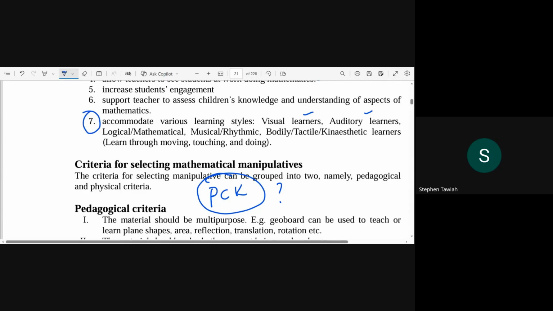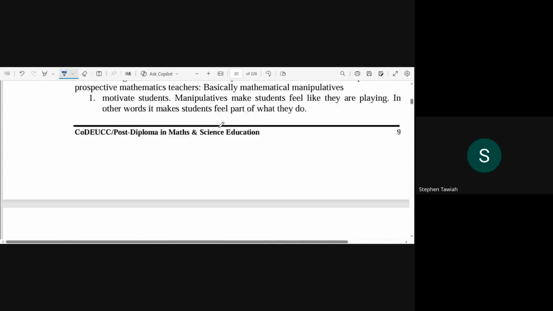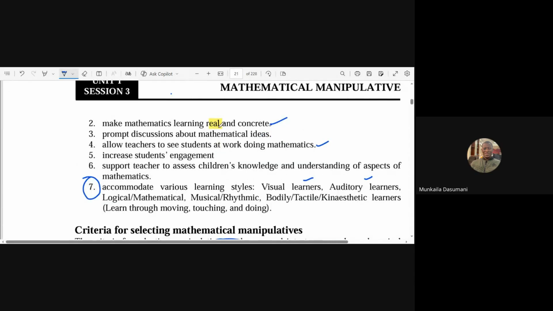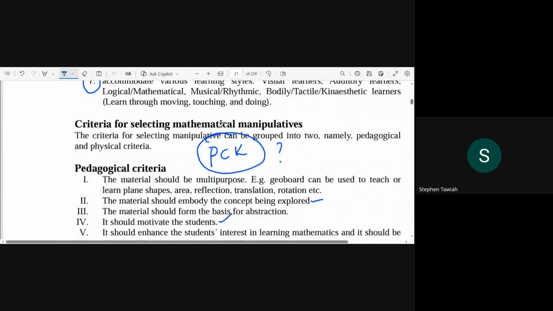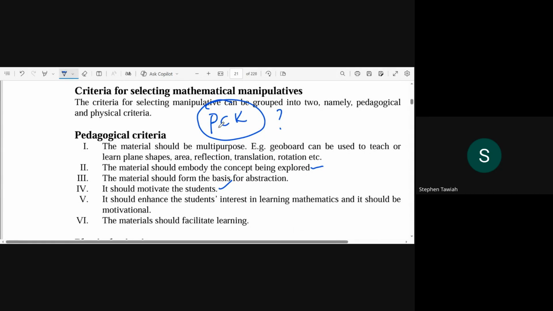Sir, please, you also made mention that the material should be multi-purpose. Yes, we said that the material should be multi-purpose. But some materials, I think, have only one use.